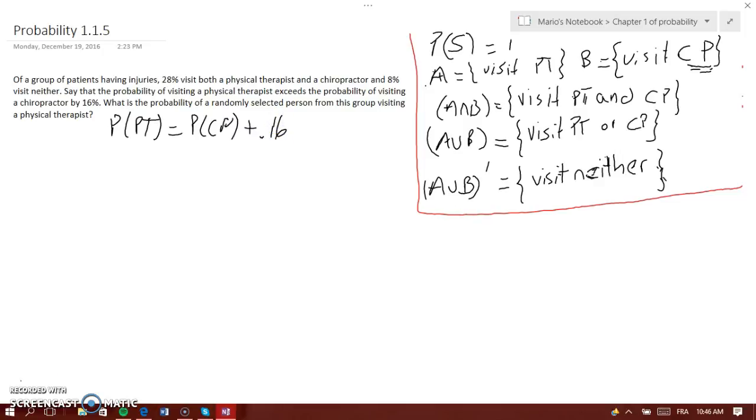Next, we can say that P(A intersection B), which I say right here, equals 0.28. And that visiting neither, P(A union B complement), equals 0.08.